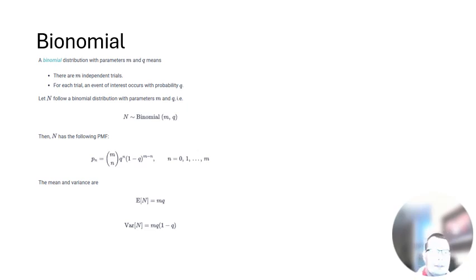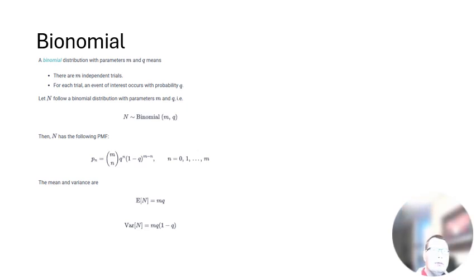Binomial distribution, if we think of a real life example, would be if you flip coins 3 times, how many times you will get heads and how many times you will get tails.